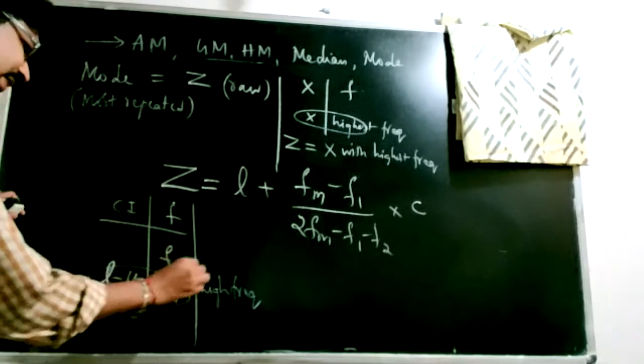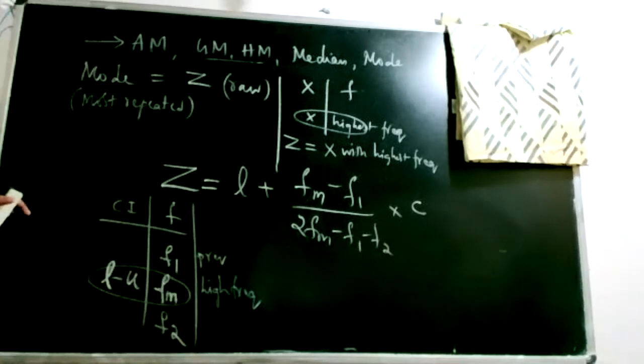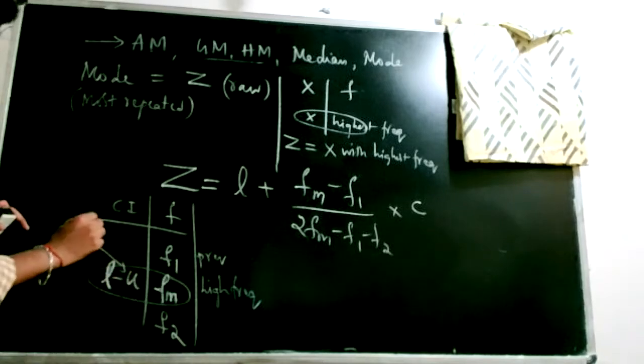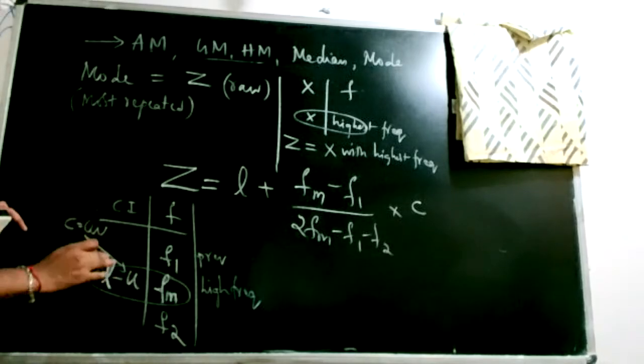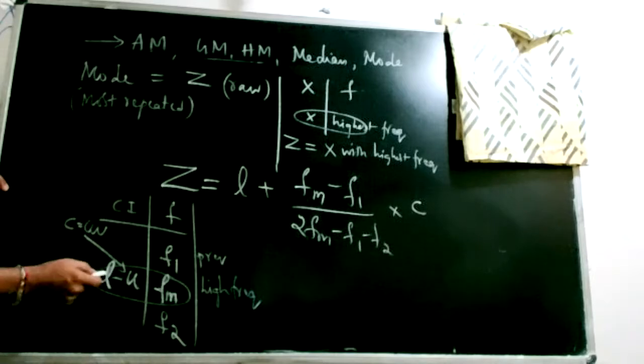Its previous frequency is F1, its successive frequency, the next frequency, is F2, and C is the class width of the identified modal class. So this is called the modal class. Modal class indicates the class interval where the mode lies.